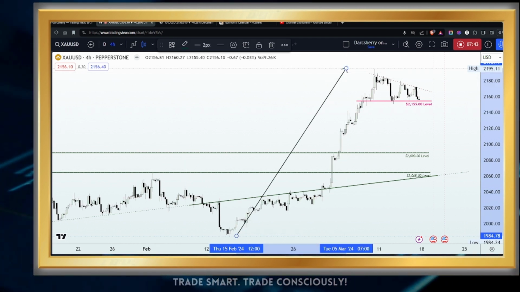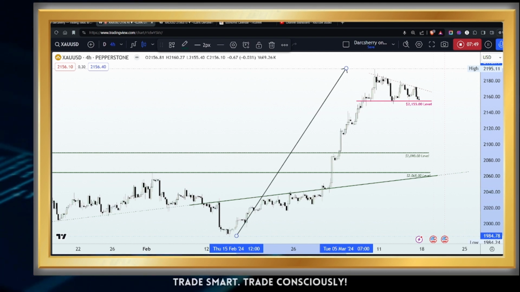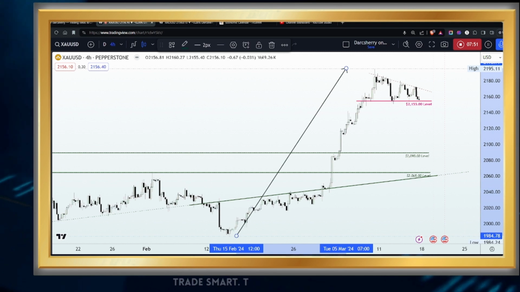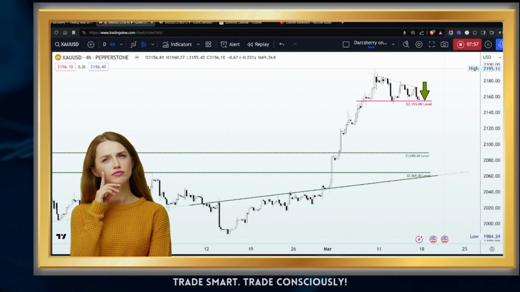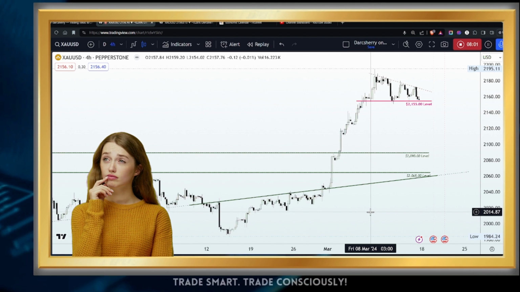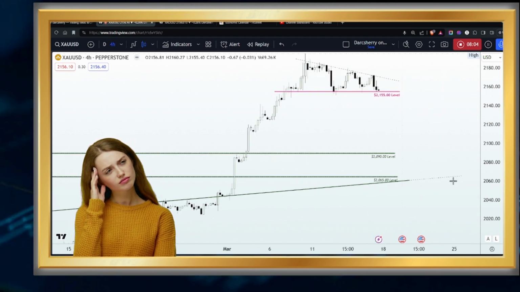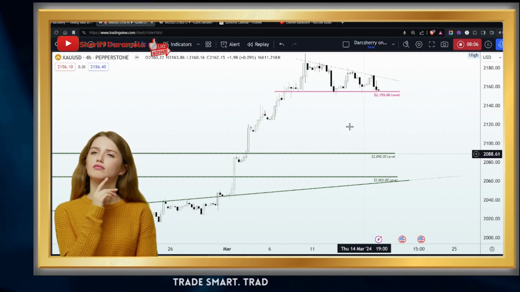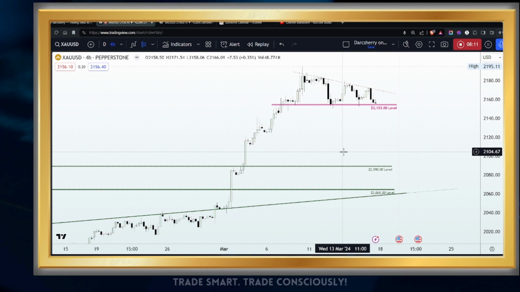And whenever we have this kind of impulse leg, it gets to a distinctive phase which emerges, serving as a precursor, signaling the forthcoming conclusion of the leg and the initiation of a retracement movement. Now this pivotal transition marks a critical juncture where traders anticipate a potential shift in sentiment and market direction.